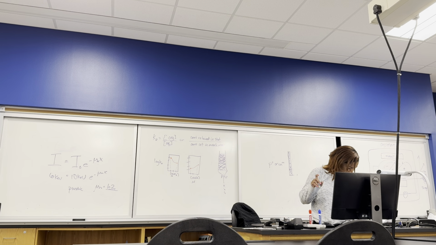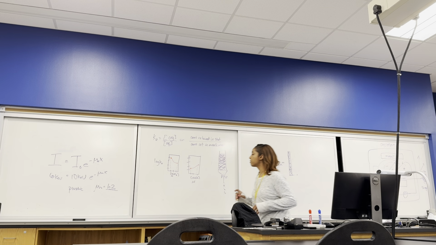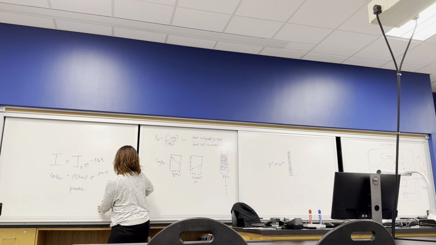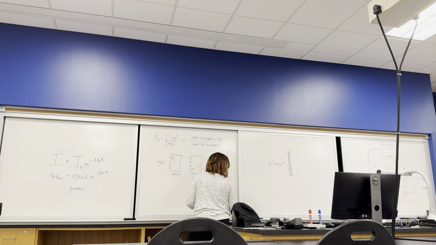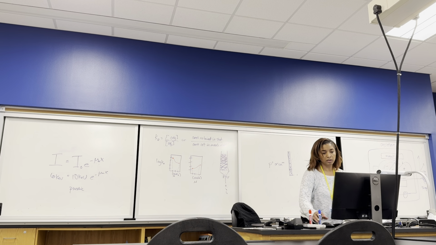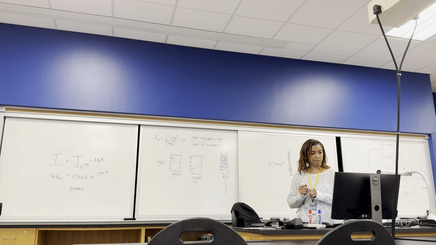But for the first one, it just says inverse centimeters. Oh, it's over X. Where'd my marker go? Oh, here we go. So, let's see. Yeah, it is over X, okay.